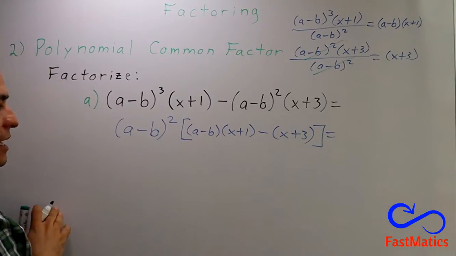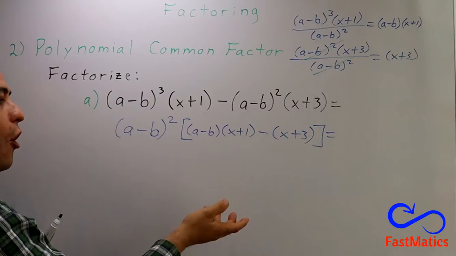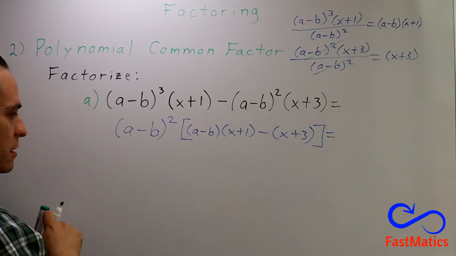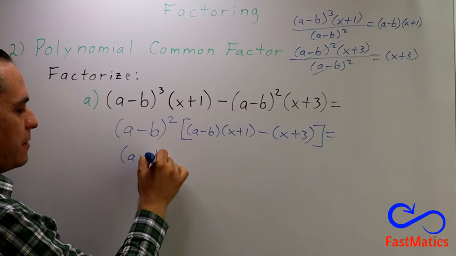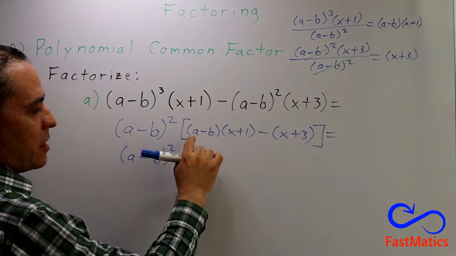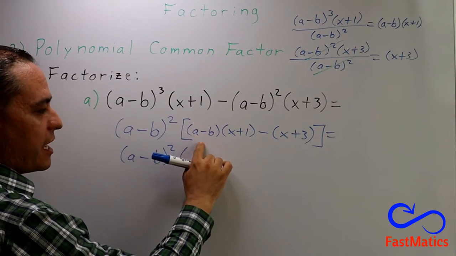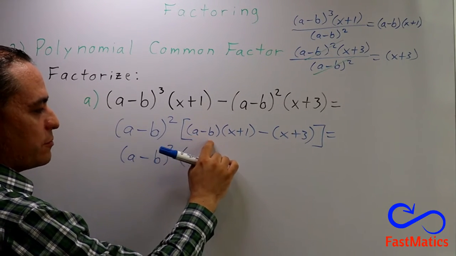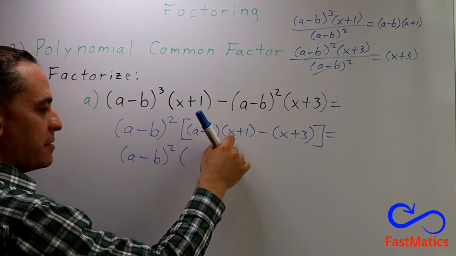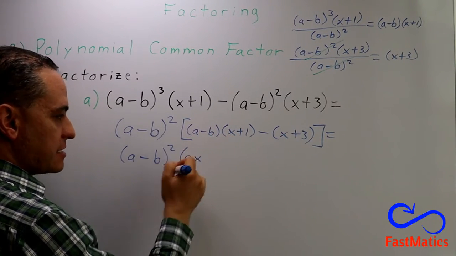Finally, I can leave it like that, or I can solve some multiplications. We're going to do it. (a minus b) squared times... the first multiplied by the first, by the second; the second by the first, by the second. A times x, ax.